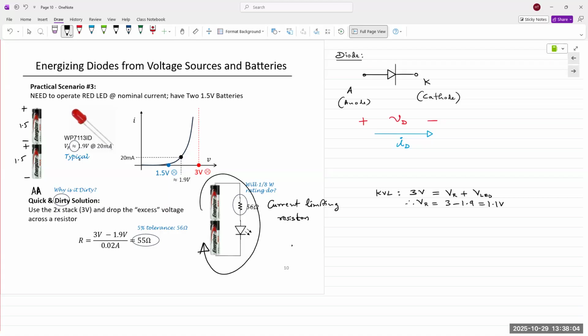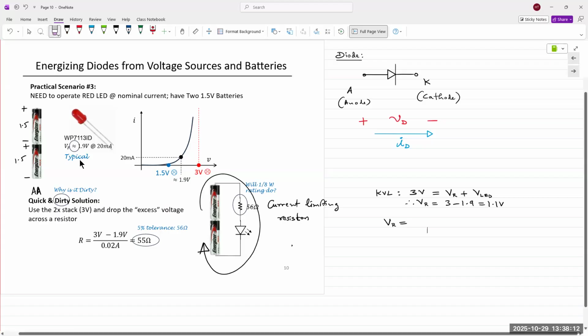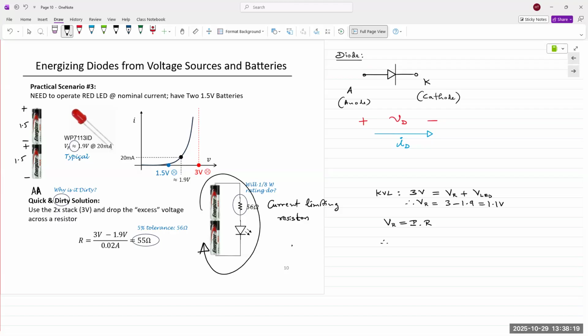And now we apply Ohm's law. We know VR should be 1.1 volts. Actually, VR is I times R. I have VR as 1.1 volts.